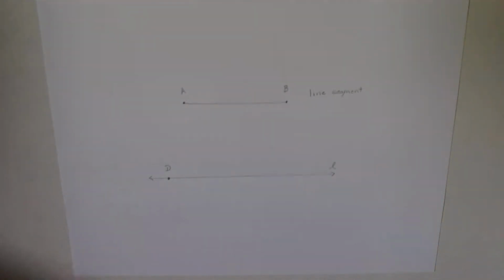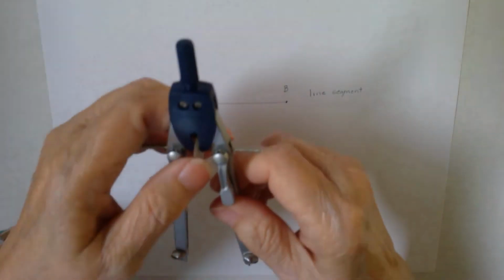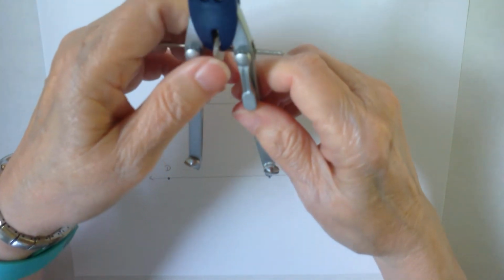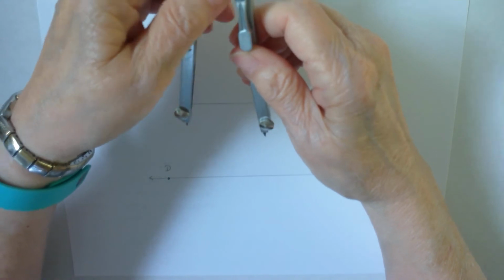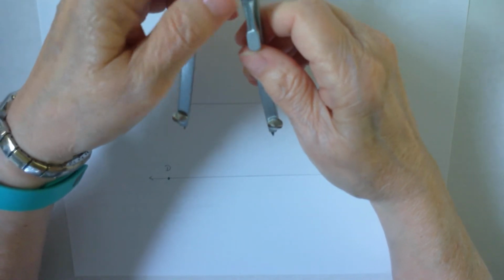Now, you have already read how to use your compass, I hope. I'm going to take out the compass, and I'm going to open my compass and put the point on point A. As you can see, I'm opening up my compass length to about what I think is the measure of AB.